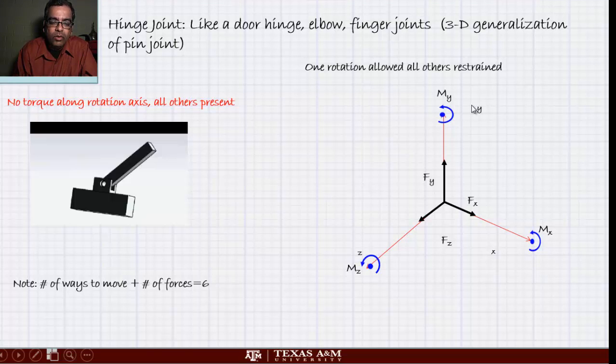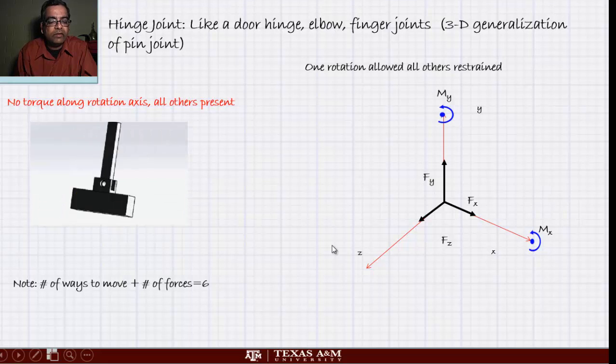So let us see what motions are gone. The rotation around this axis is free, so there will be no torque along that. Everything else will still be there. So the number of ways to move plus the number of forces present must add up to 6. Can you see? 1, 2, 3, 4, 5, plus one way to move. That's 6.